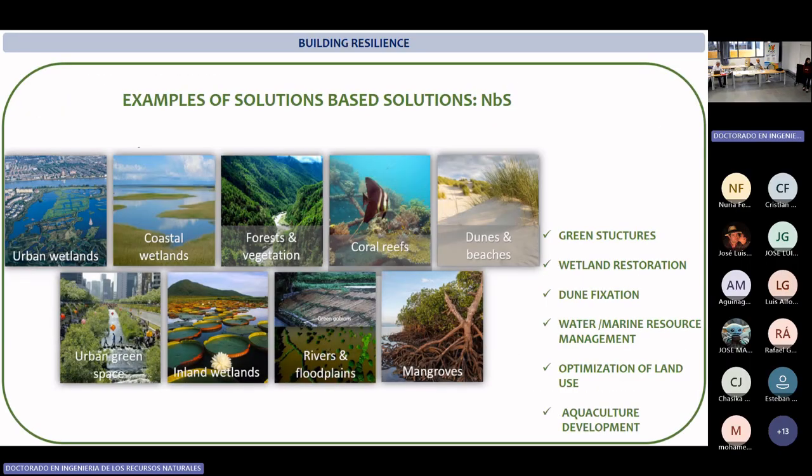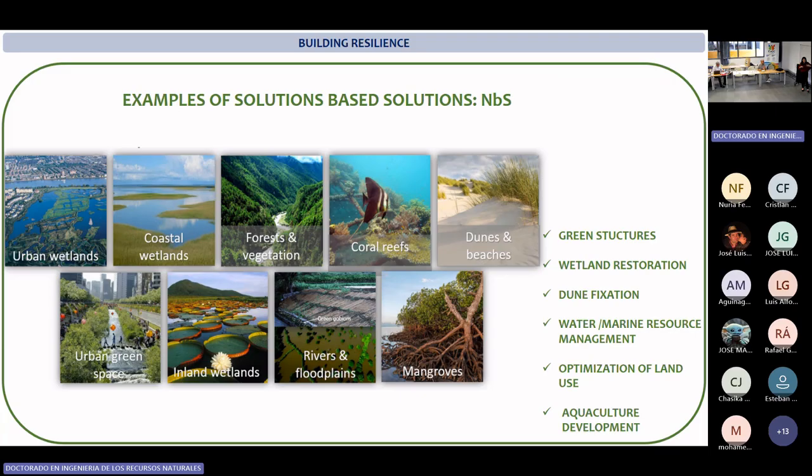And face our hazards. So I can mention some examples of nature-based solutions: urban wetlands, coastal vegetation, coastal reefs, the use of vegetation for the fixation of sediments or dunes, inland wetlands, floodplains, mangroves. It's the same concept.